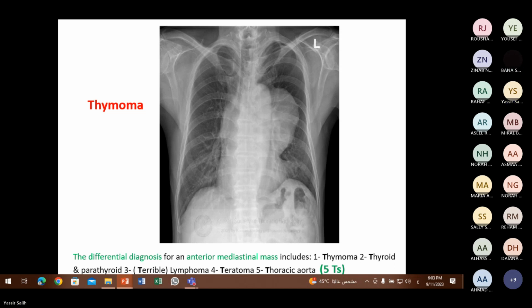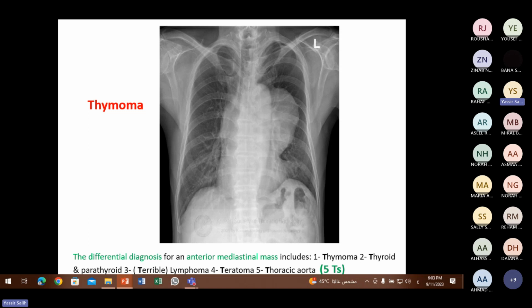Why? Because the left cardiac border is obliterated. How do we confirm it is anterior? Lateral view. Yes, to confirm the position of this mass, you have to do a lateral view.